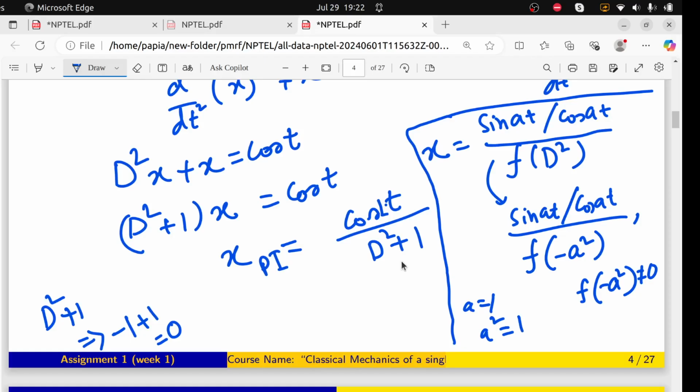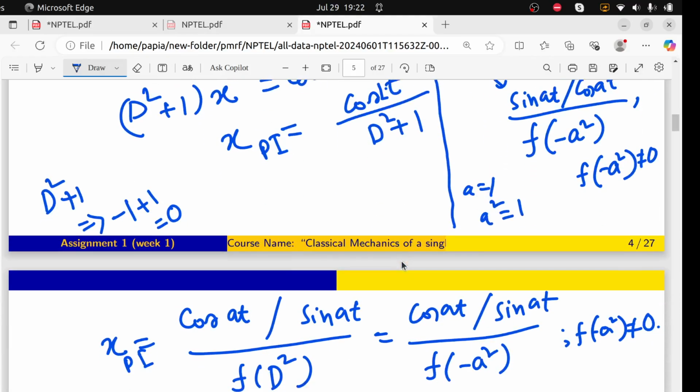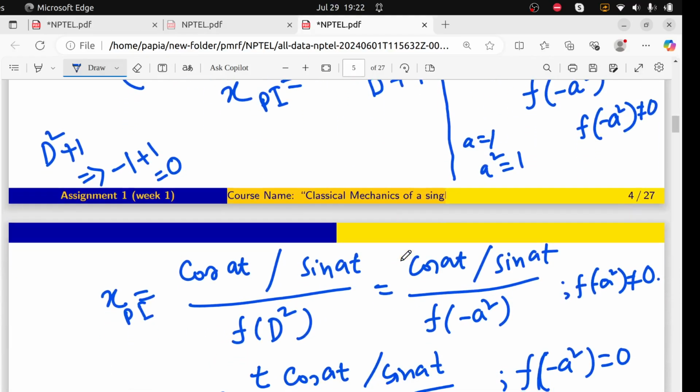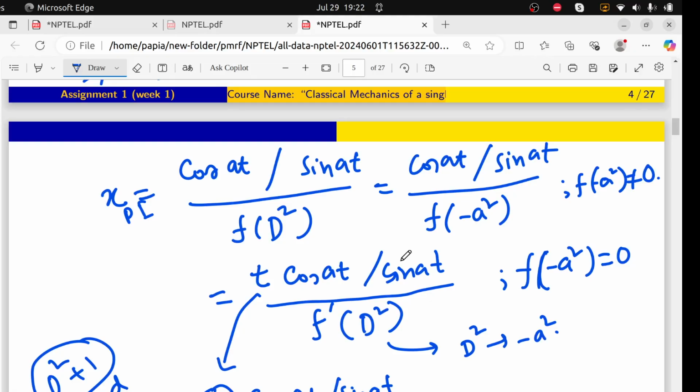Again, I have to remember some laws of differential equation. One of the laws of differential equation is this, that our xpi, if our numerator is like cos at or sin at, I am just giving you here cos at or sin at. The same thing will be applicable for sin at as well. So cos at or sin at divided by function of d square.